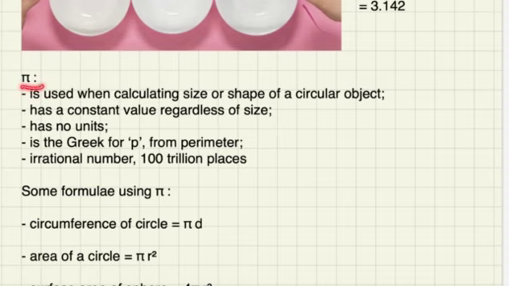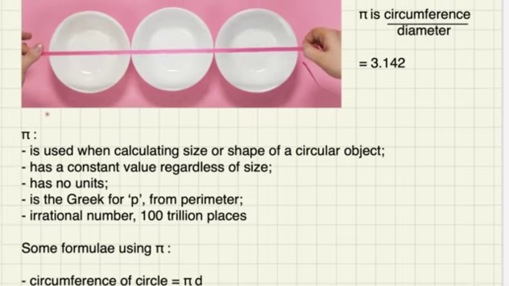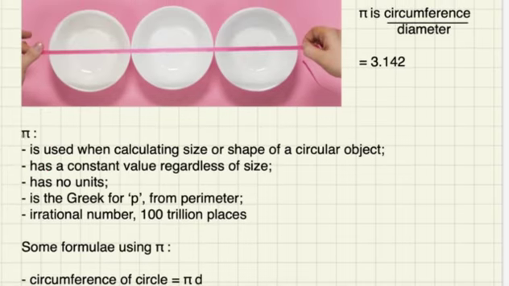So pi is used when calculating the size or the shape of a circular object. And it can be flat like a circle, or it can be solid like a globe of some sort. Really interesting thing about this, if you're into it, is that pi has a constant value.